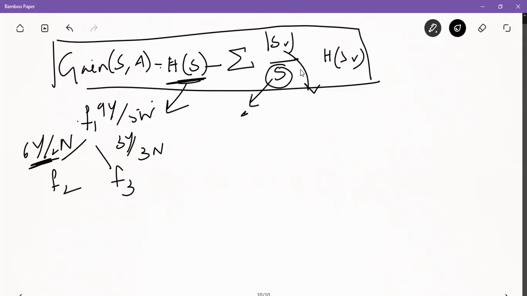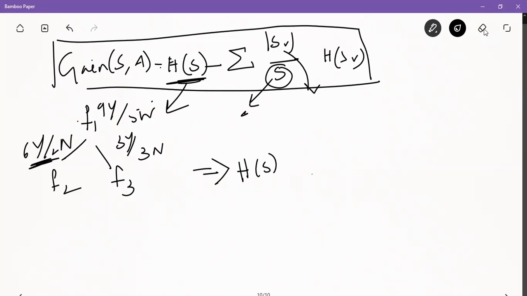So basically what happens is, let's say we have the entropy H(S) minus the weighted entropies, and we have to implement it in this formula.